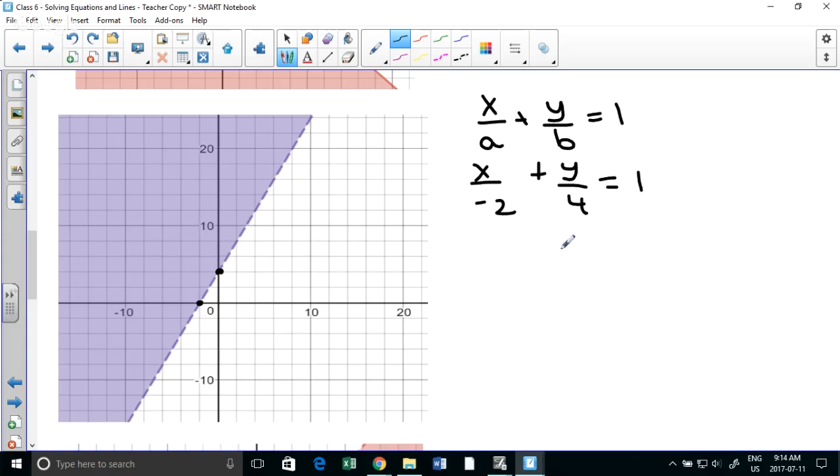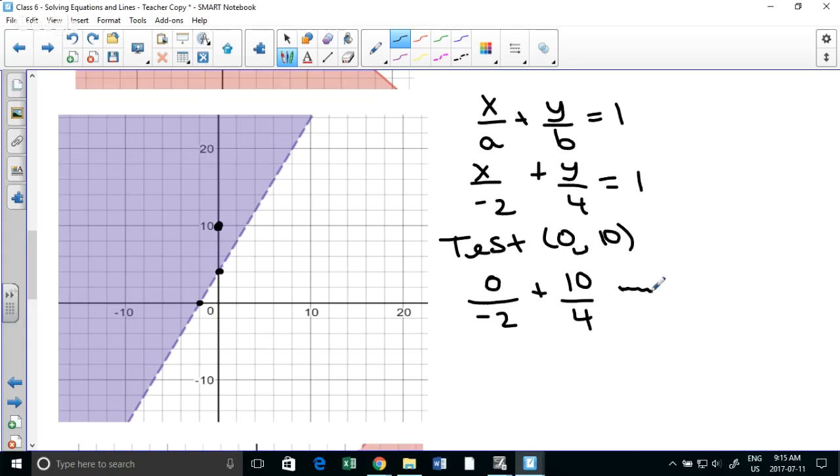So 0, 0 does not fall in my solution, but I am going to choose something that has a 0, because if one of them is 0, it still makes it easier for me. So 0, 10, you can choose whatever you want. 0, 10 is in my solution set. So I'm typing in: 0 over -2 plus 10 over 4 is something to 1.